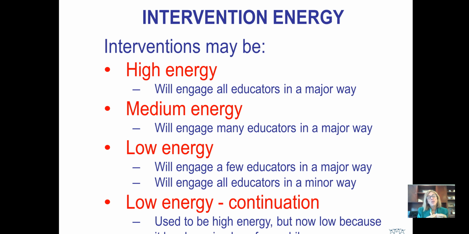And so what they tend to do is to tackle a gazillion high energy interventions. There's not enough energy to go around and everything falls apart. So we want schools to be very careful that rather than doing a lot of things in a mediocre way, it'll be much better for you if you do a few things in a very intense way. So we don't want you to have too many high energy interventions.